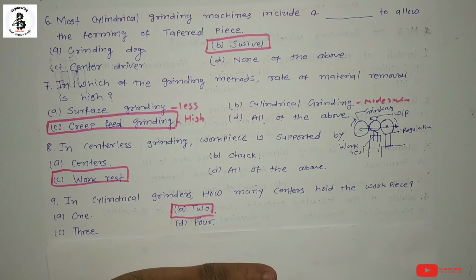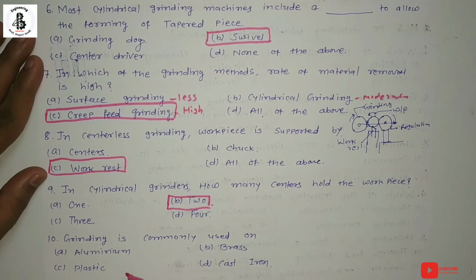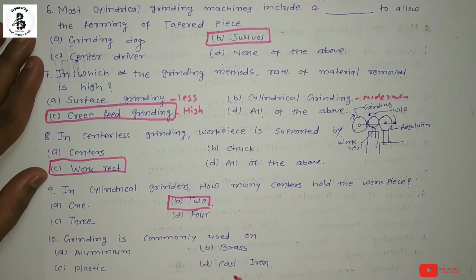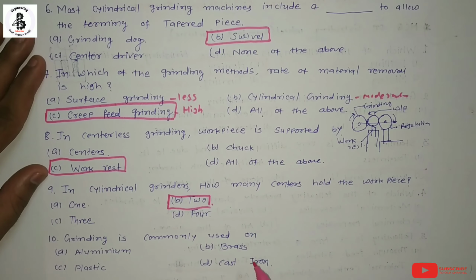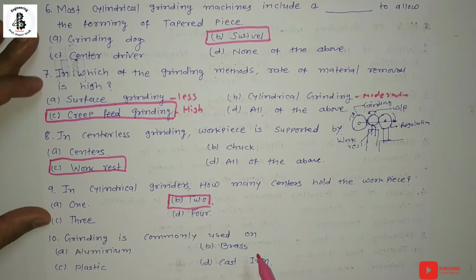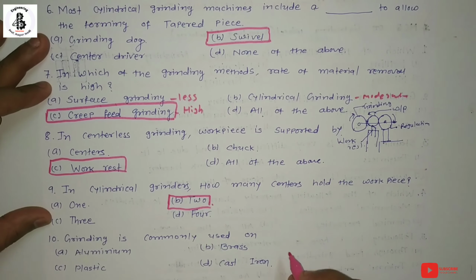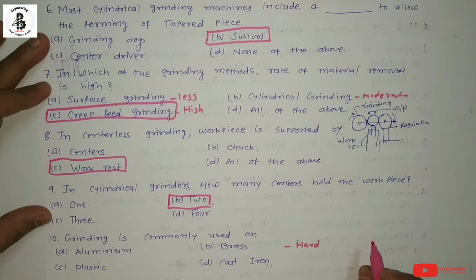Then next question. Grinding is commonly used on option A aluminum, option B brass, option C plastic, and option D cast iron. In earlier videos I already explained that the grinding process is best suited for working on hard materials, or brittle materials.